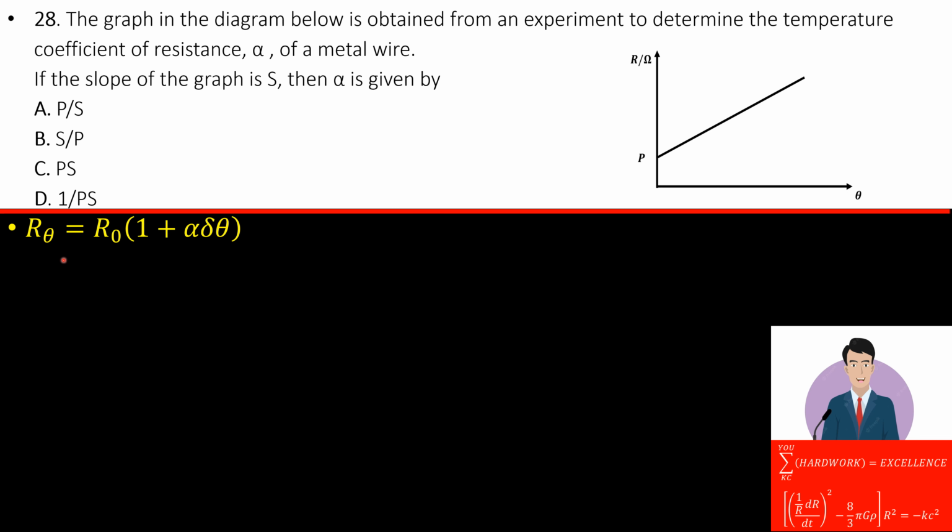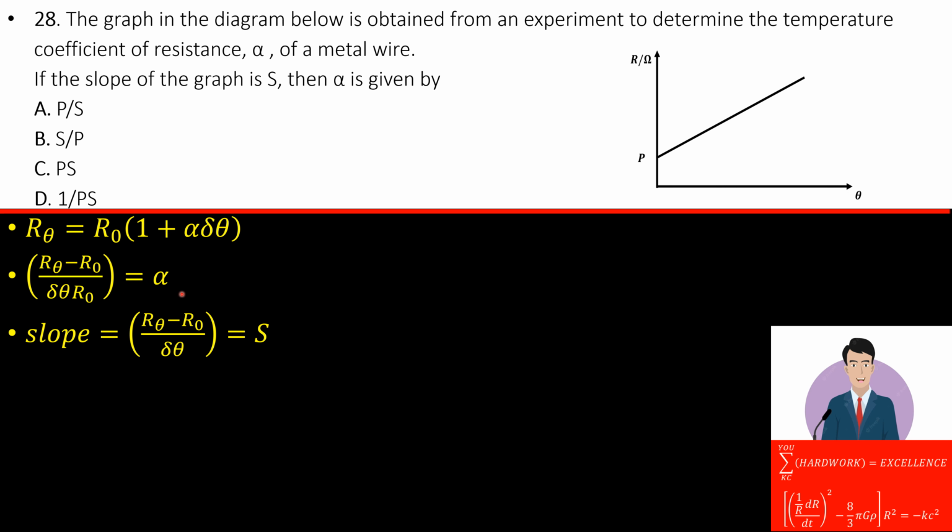So the resistance of the conductor at a particular temperature theta is expressed like that in terms of our temperature coefficient of resistance or resistivity. Okay, so we are going to get (R theta minus R0) divided by theta, multiplied by R0, to be equal to our alpha. And so you realize that (R theta minus R0) divided by theta is actually our slope. All right, so this is a slope.